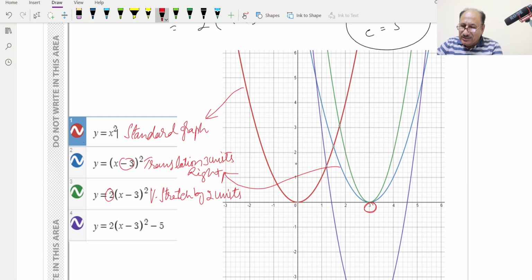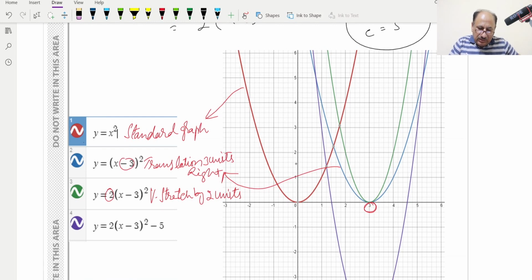You can see it is stretched by 2 units. So blue was at 1, and 1 multiplied by 2 is 2, so it is at 2 over here. You can compare basically any of the points. So this is the vertical stretch, and the next one is what?